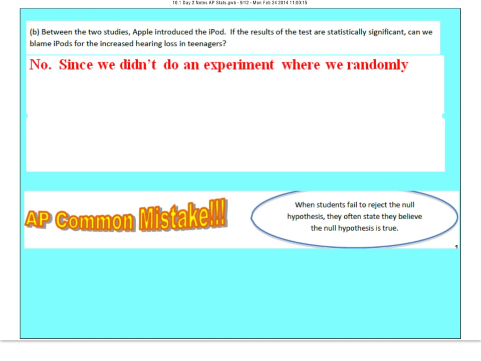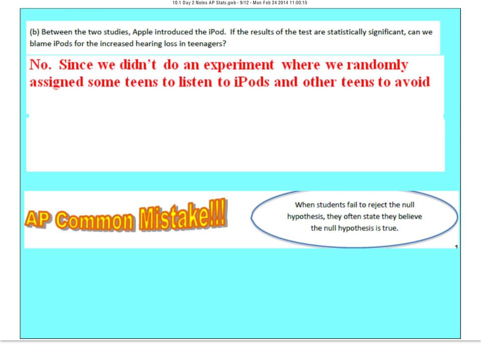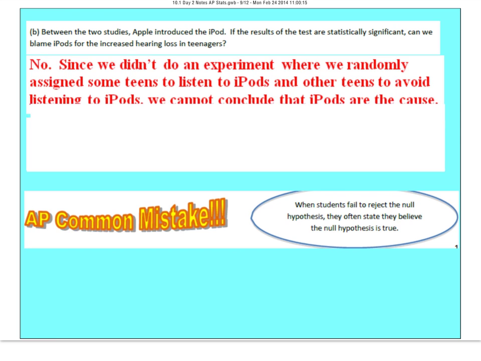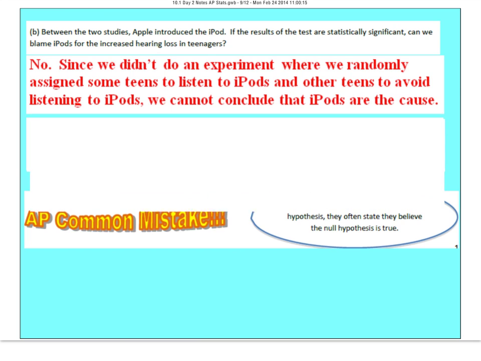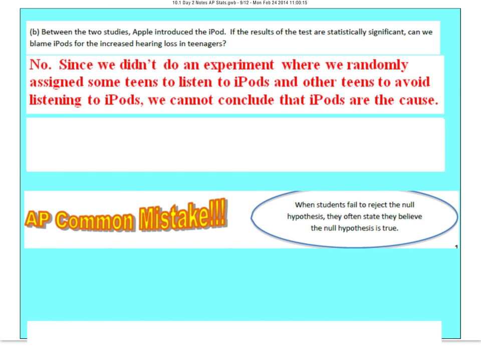Remember, since we do not have an experiment, we randomly assign some teens to listen to iPods and others to avoid listening to iPods. We cannot conclude iPods are the cause. You must have random assignment of some type of experiment case to be able to have cause and effect situations. Basically, an experiment has to be in place.